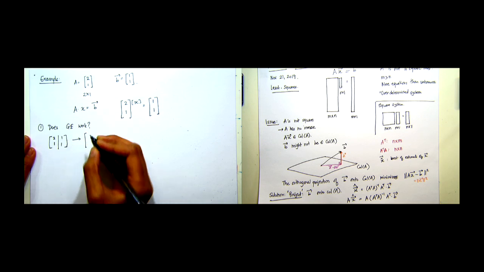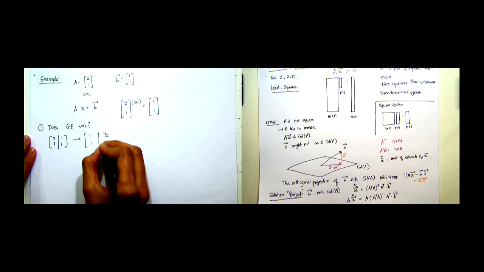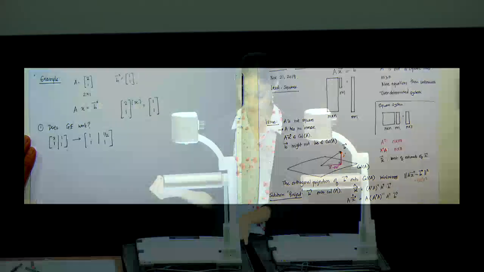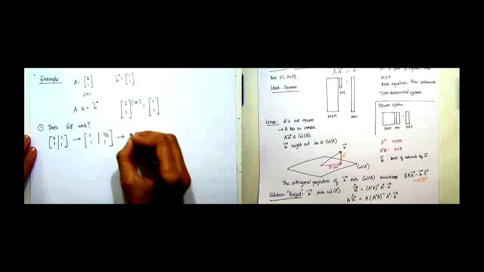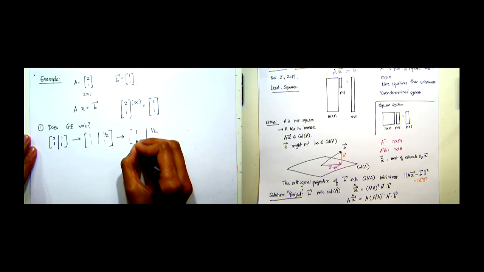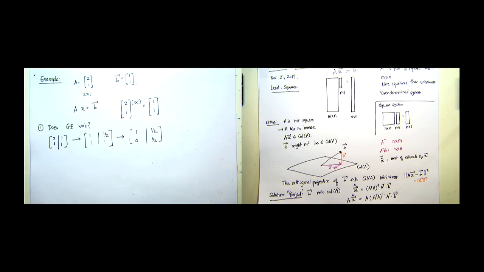What does this give me? Well, I make this a 1, this a 1/2, this is a 1 and a 1, just by multiplying the first row by a half. And then this gives me 1, 1/2, 0, 1/2. Right? So what do I have at the bottom? I have a row of zeros.